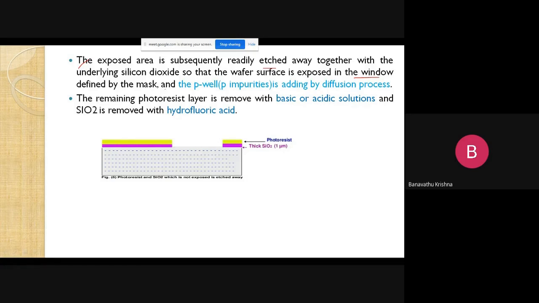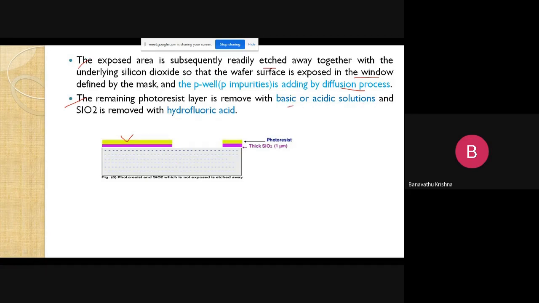Defined by the mask, the P-well, that is the P impurities, is added by the diffusion process or implantation. Next, the remaining photoresist layer is removed with basic or acidic solutions.